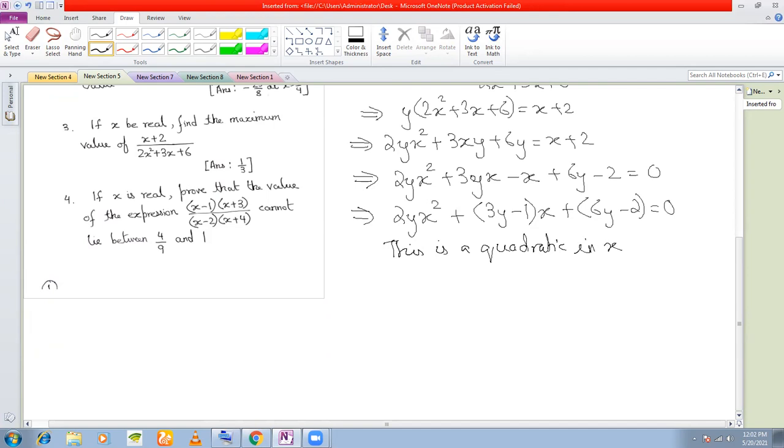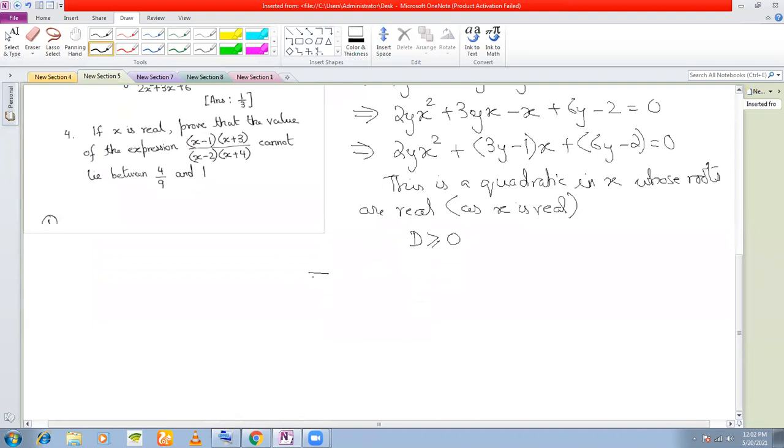Now we know that x is real, isn't it? We know that the roots of this are real because x is real, right? What is the condition for real roots? In the beginning, yesterday I told you we'll be using that condition. What is the condition? Discriminant has to be greater than or equal to 0.